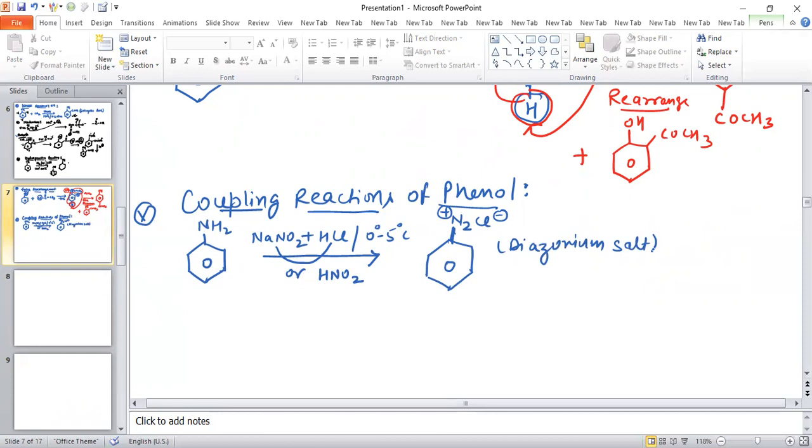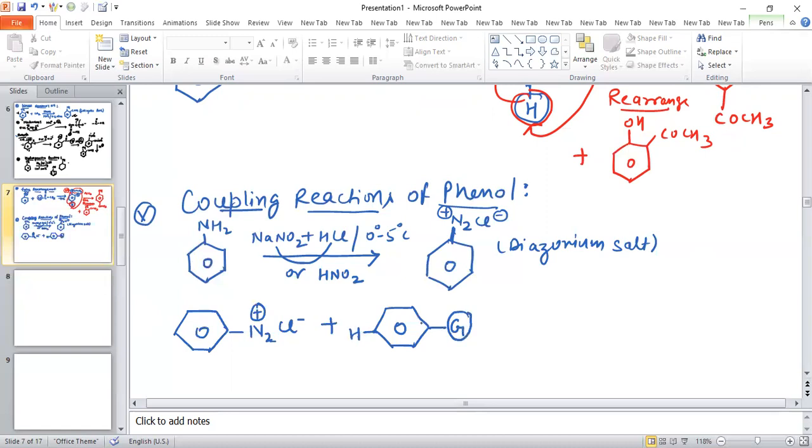Now see, what are the coupling reactions? In the coupling reaction, one of the reactants used is diazonium salt, which is N2 plus Cl minus, plus we can use another compound which has a hydrogen at the para position with respect to a group.